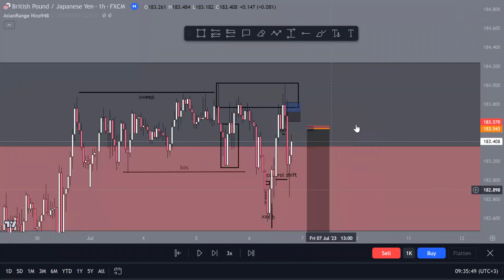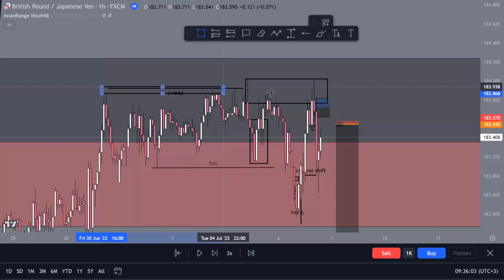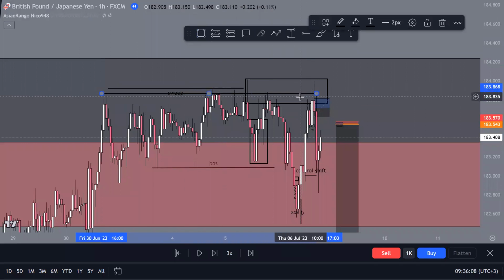Dealing in this zone over here, we can see price building up this area of retail support or retail resistance, whatever you want to call it. Retail traders will look at this as a point of retail support and retail resistance.